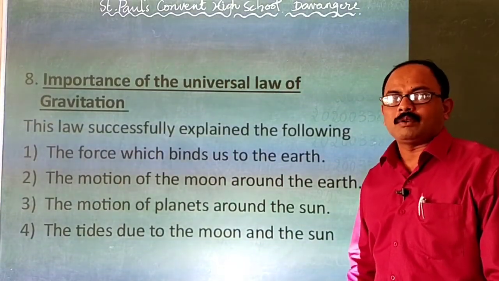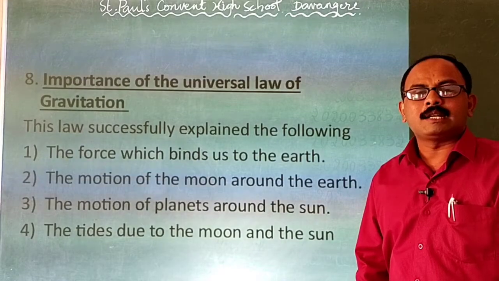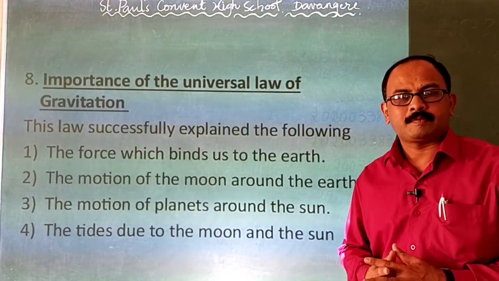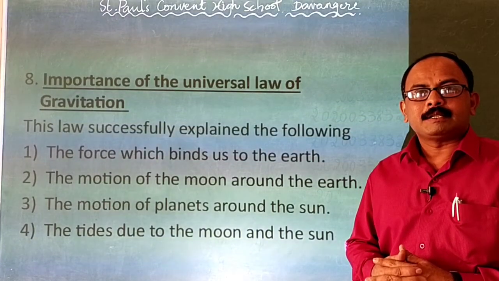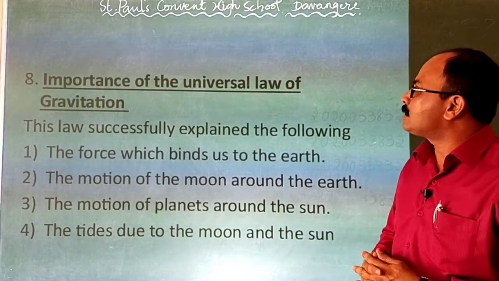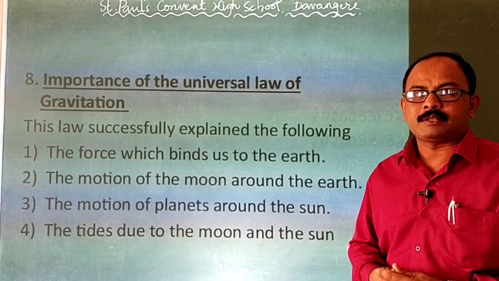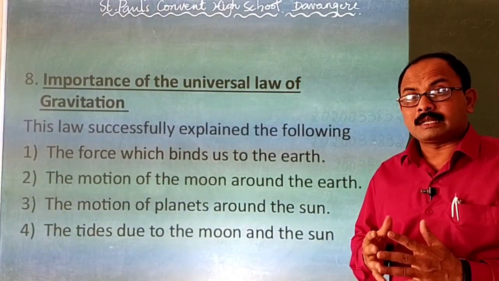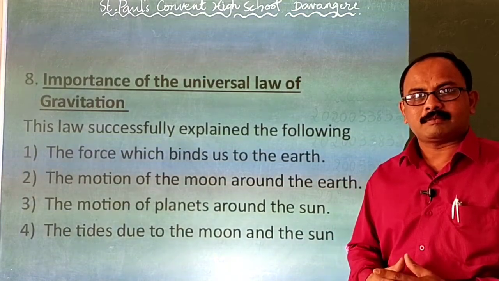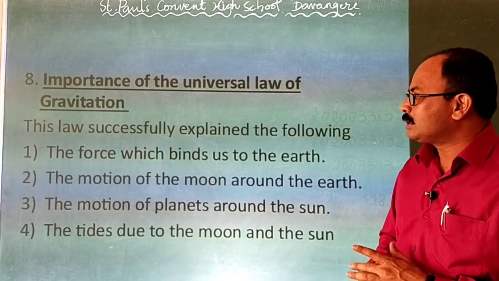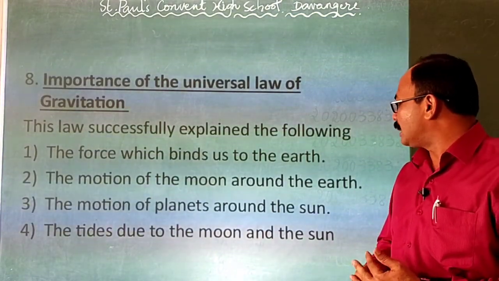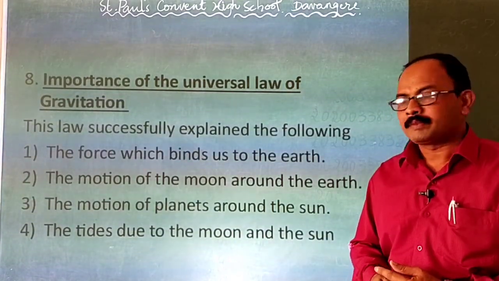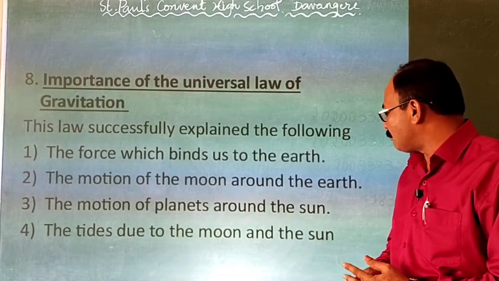Importance of this law. This law, children, successfully explained a few concepts. These are the importance of the universal law of gravitation. The first one, the force that binds us to the earth. The second one, the motion of the moon around the earth, the motion of planets around the sun, and the tides due to the moon and the sun.